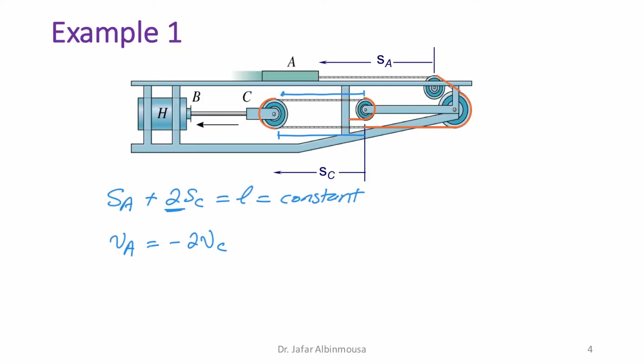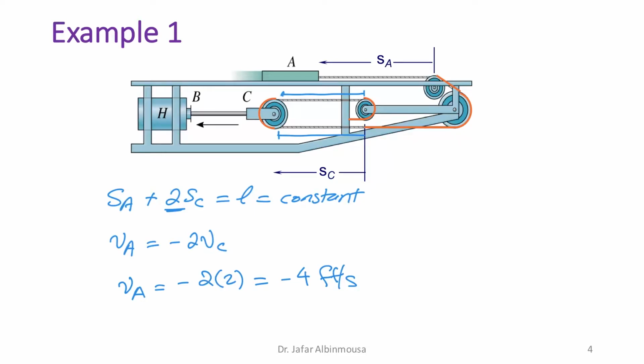So VA is negative. Why? Because VC will move right here, but VA is going to move opposite to the direction of the datum. And for that, we would say that VA is simply going to be minus 2 multiplied by 2, which equals minus 4 feet per second.